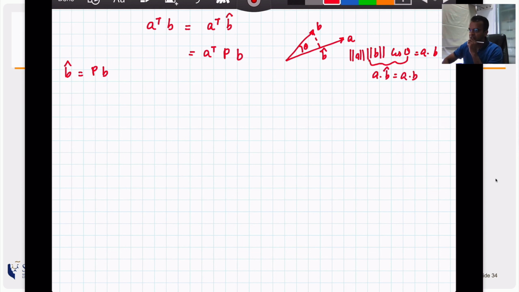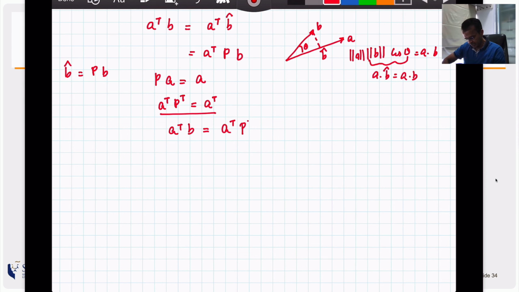Now if I project A onto itself, you're obviously going to get A. So if I take A and project it, this is going to be equal to A. If I take the transpose on both sides, then I get A transpose P transpose is going to be equal to A transpose. So I can take A transpose B, and for A transpose, I put this one in there.